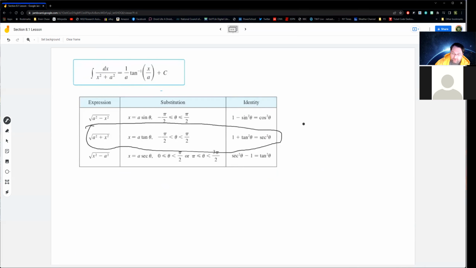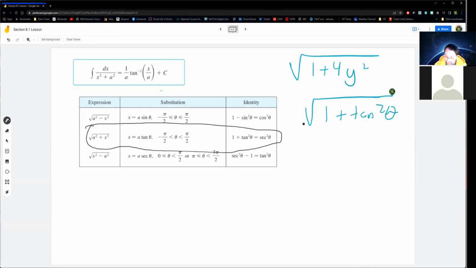So that's the format I'm using. So my goal, right now inside my square root, I have 1 plus 4, sorry, y squared. I need to get it to be 1 plus tangent squared theta. That's what I need to get it to.